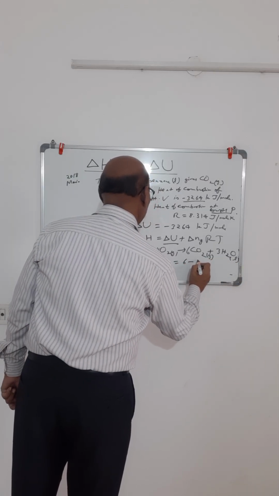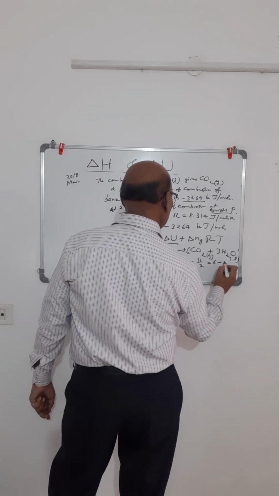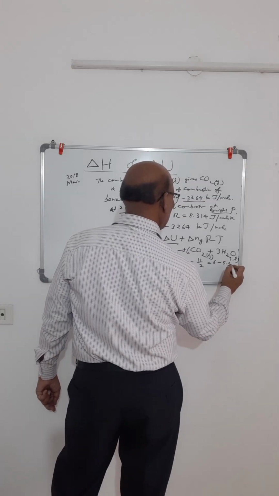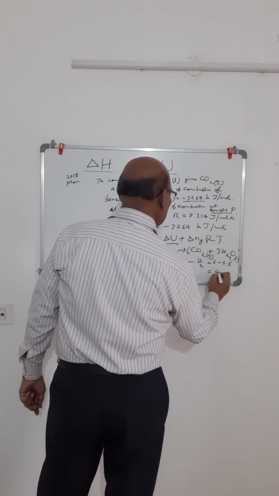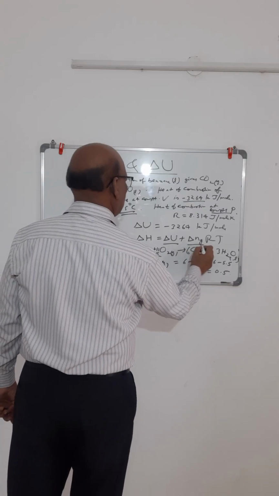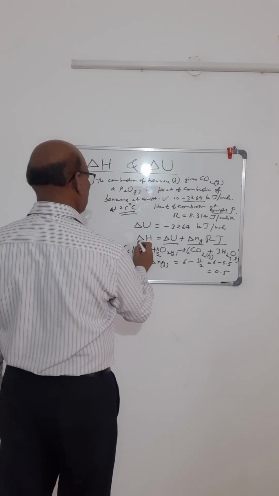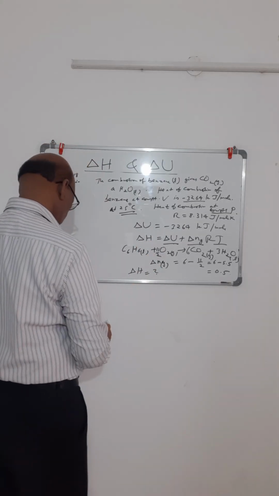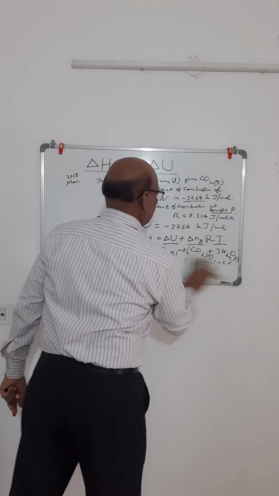Delta Ng will be 6 minus 11 by 2, that is 6 minus 5.5, which is 0.5. So knowing the value of delta Ng, we put the temperature, 298 Kelvin, and delta U is given, so delta H can be found by this formula, and that will be in kilojoule per mole. So with this we wind up our session here.